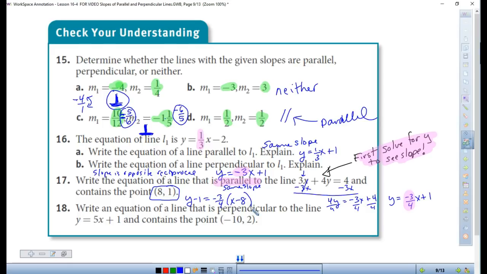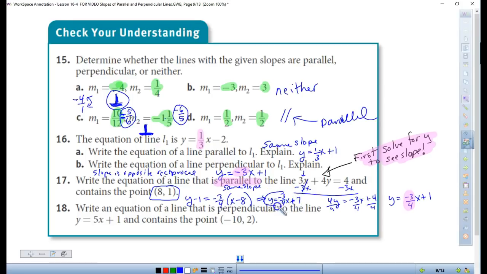I'm just going to leave it in point slope form right now, but if I distributed, this would be 24 over 4, which would be 6, plus 1. So the final version would look like y equals negative 3/4 x plus 7.